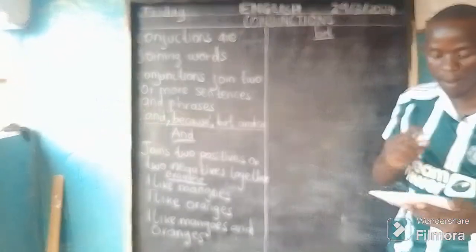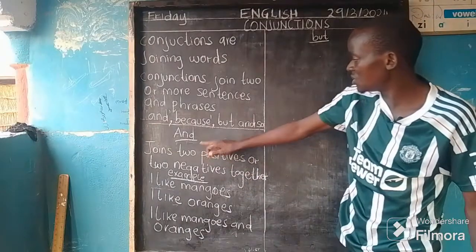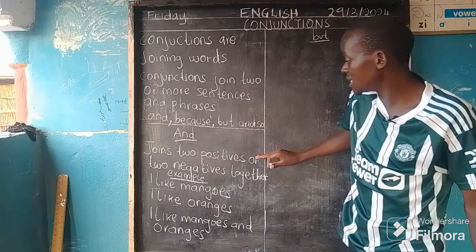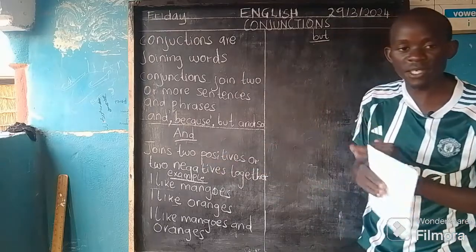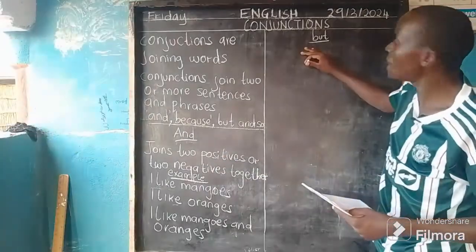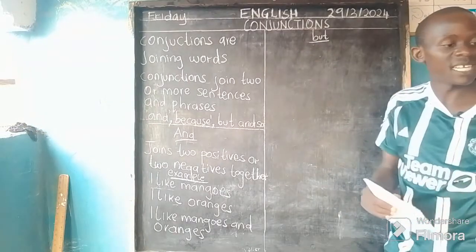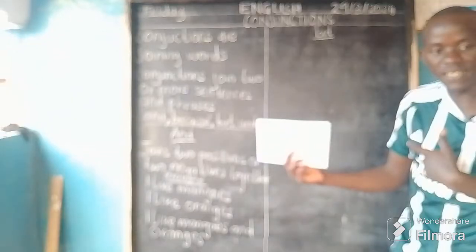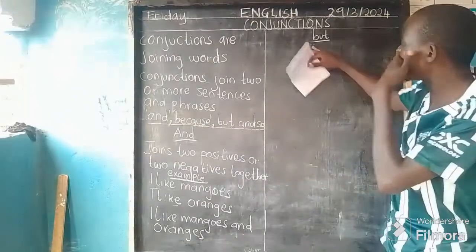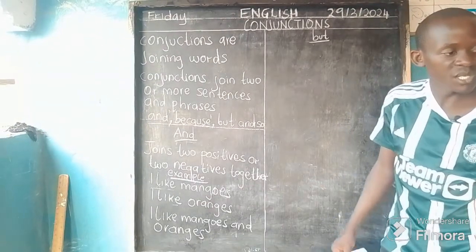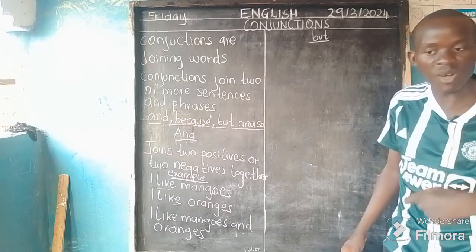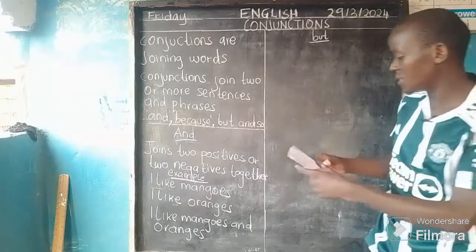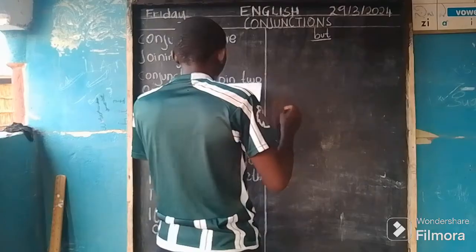Here with and, we have said that it joins two positives or two negatives together. But comes in whereby it's a positive and a negative. So the conjunction but joins one positive and one negative.